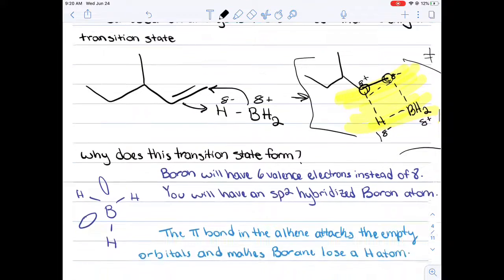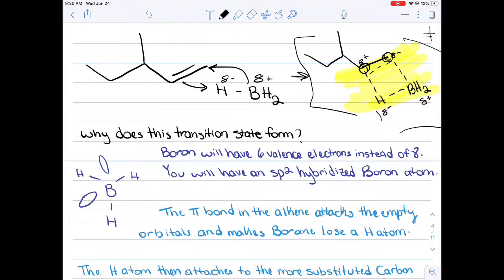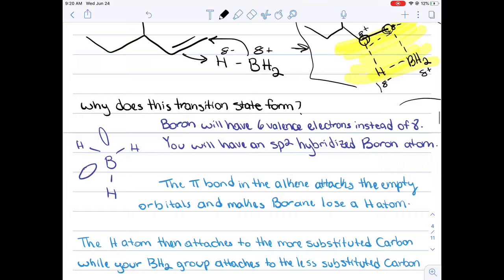So, why does this transition state form? Take note that boron only has 6 valence electrons. It's happy with its 6 valence electrons. So then, you will have an sp2 hybridized boron atom. If you take note, there's 2 empty orbitals here.